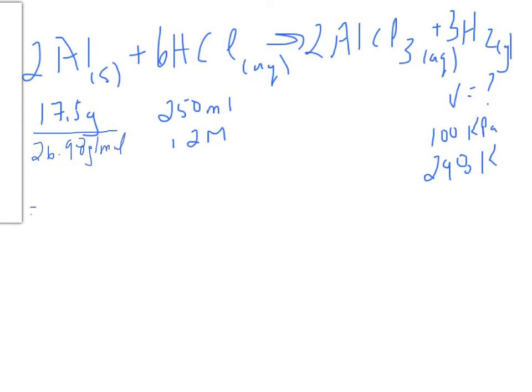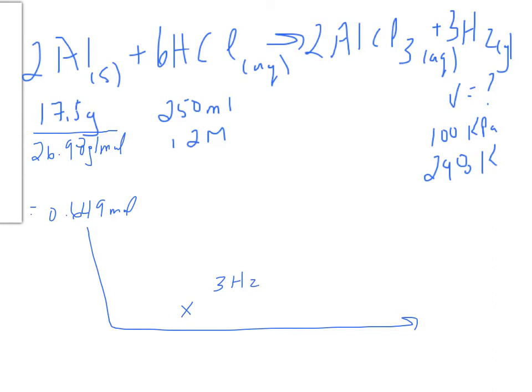And that gives me 0.649 moles of aluminum. To change that into hydrogen, I need to times by a 3 to 2 mole ratio, and so that gives me 0.973 moles of hydrogen gas.